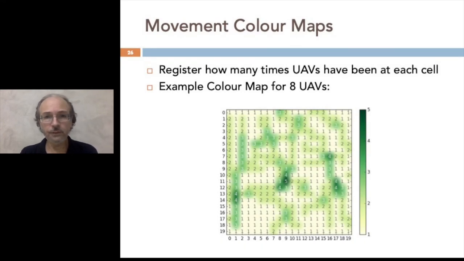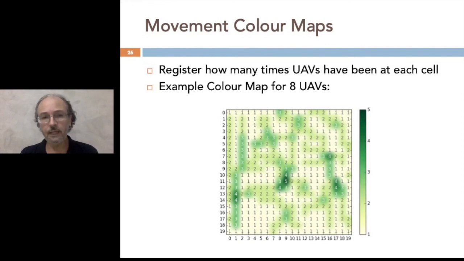So, but how do we evaluate the movement redundancy of a strategy? Then we introduced movement color maps. A color map is a representation of the grid, and we assign a counter to each cell of the grid. And this counter is incremented each time a UAV visits the cell.